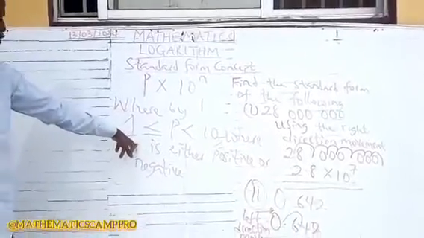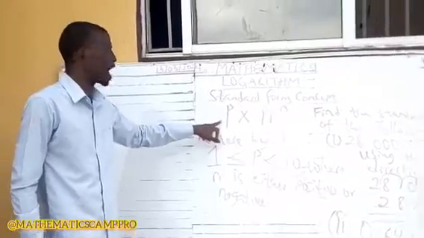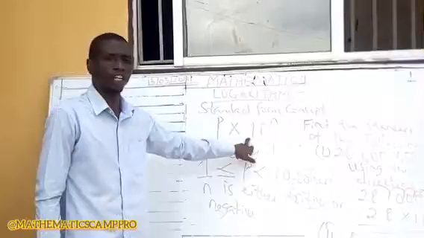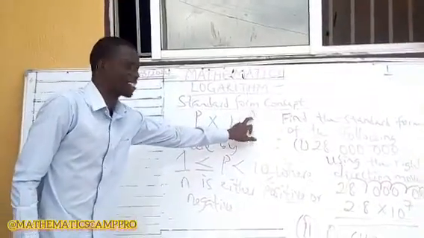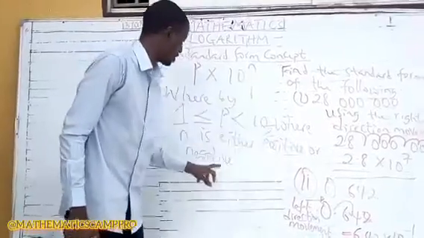Coming back to what I told us earlier about the standard form concept, I said for any number to be in standard form, it's going to be p times 10 raised to power n, where this n is either going to be positive or negative.